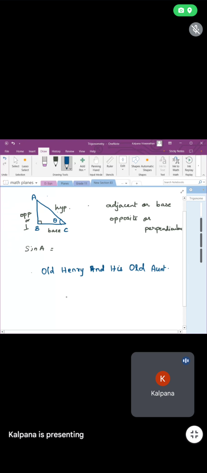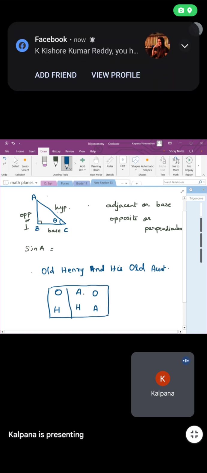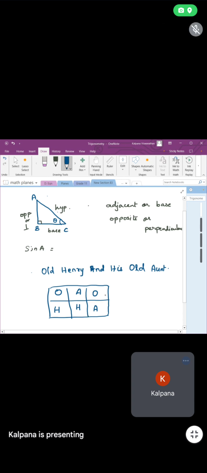So if you remember this, we can write this as O by H for sine, Old Henry and his old aunt. Okay. So this is easy to remember the ratio. So suppose in case we require the basic ratio, this will be easy to remember.